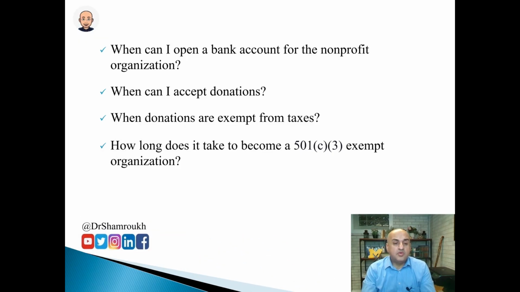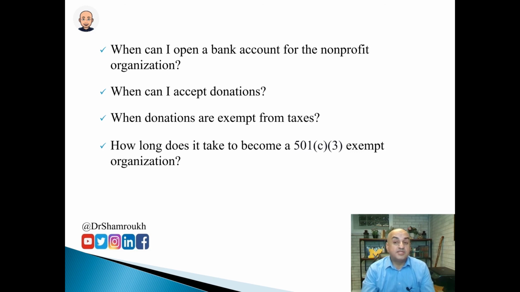The other common question, how long does it take to become a 501c3 exempt organization? Actually, the 1023 exempt application may take as short as 3 months and probably exceeds 1 year, because it depends on how well you addressed this application.